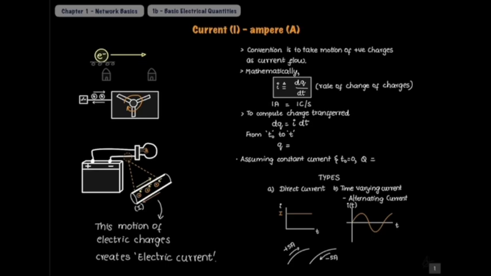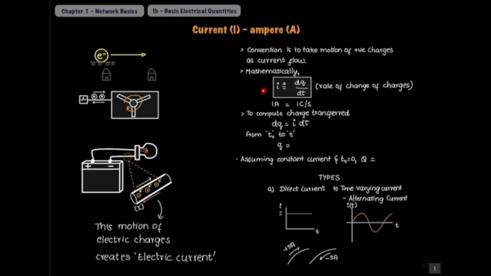Also, as we saw, the current being created is because of the flow of charges, which means the more the flow of charges, the more the electric current. So this can be mathematically represented as I is equal to the rate of change of charge. So the more the rate of flow of charges, the more will be the current.